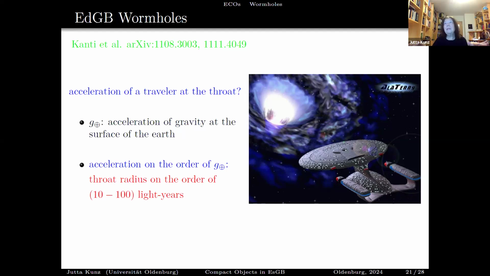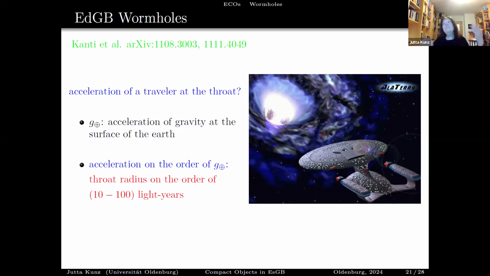And for the dilatonic coupling, we really did the studies, and we found if we insist on that 1G, then the wormhole would be incredibly big. It would be not possible to realize. It would be on the order of 10 to 100 light years.